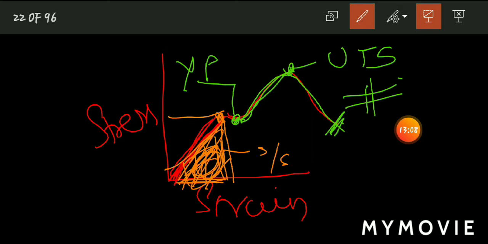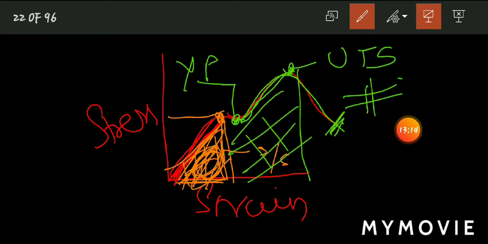Now the area which is present till the ultimate tensile strength in the graph is called the toughness. It is the amount of energy that is absorbed by the material till the point of maximum plasticity, the ultimate tensile strength.